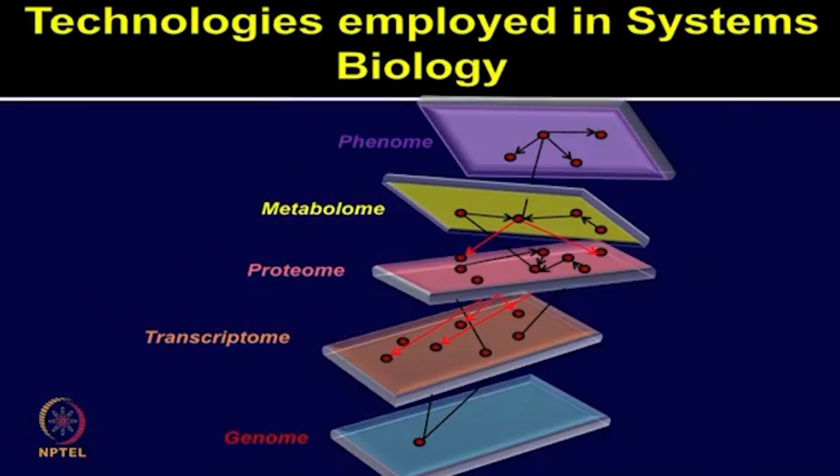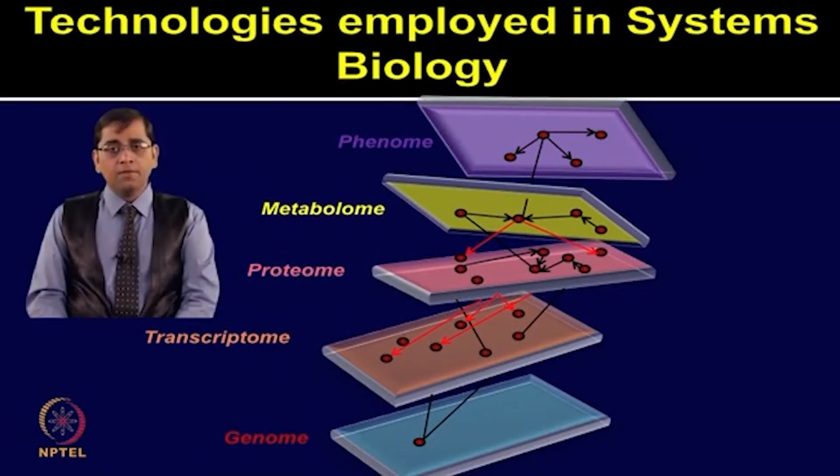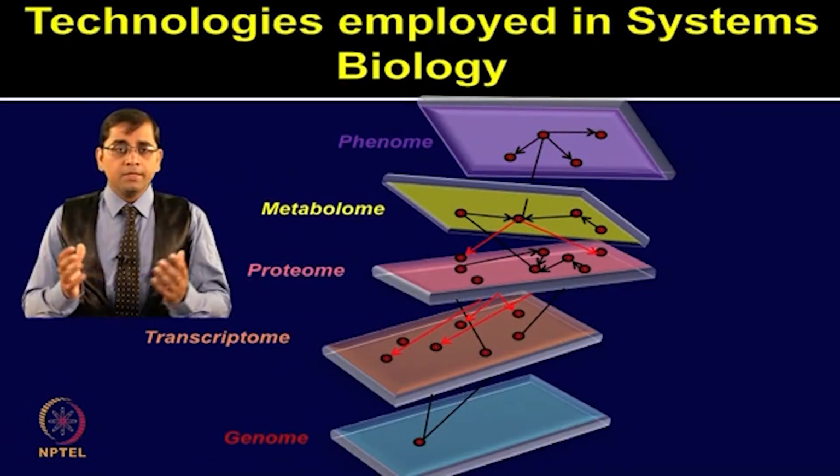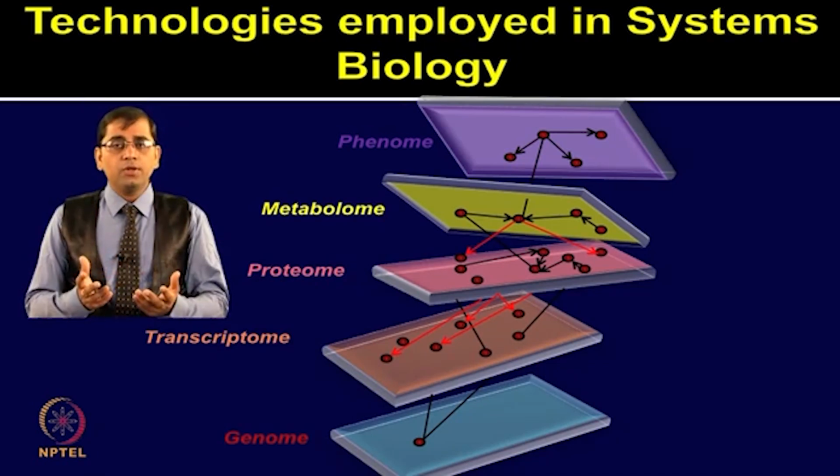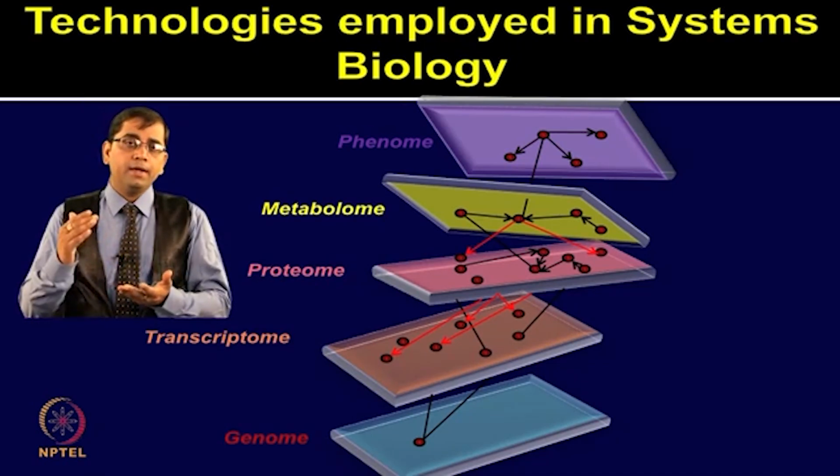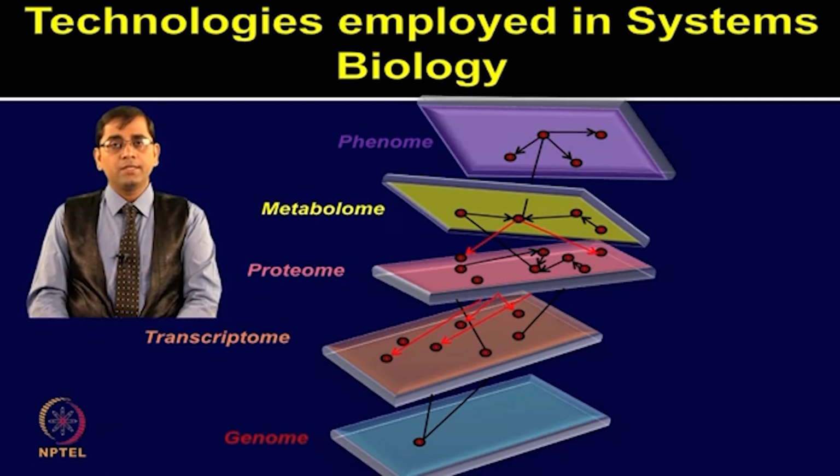So, as you can see here, to generate the systems level information, the systems study requires different technologies which could be employed at different levels in biological systems. At the genome level, we study different types of technologies such as high throughput sequencing and high throughput arrays; for transcriptomics, transcript analysis using RNA sequencing and microarrays.